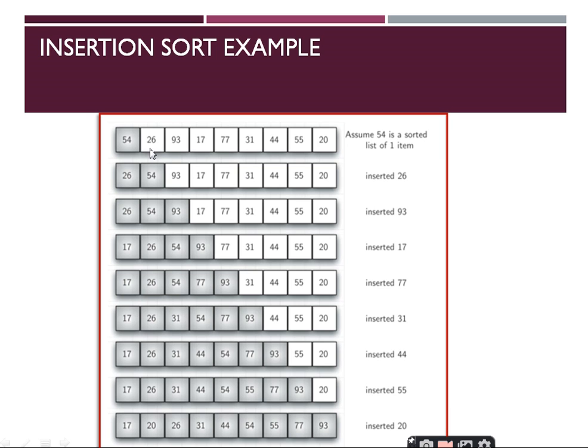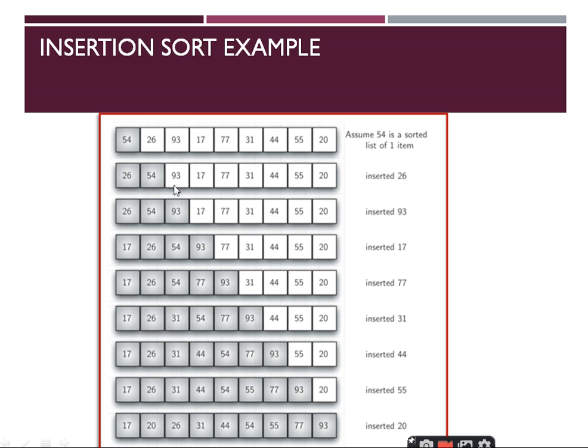We stored this 26 into key and compared it with the element in the sorted array. Since this is the only element at the beginning in the sorted array, we compared these two elements and found that 54 is greater, so swapping will take place.